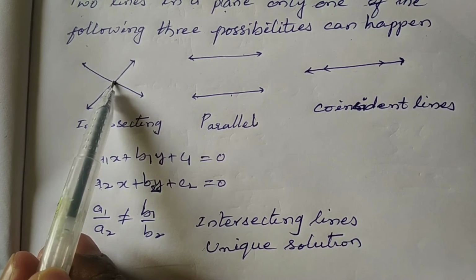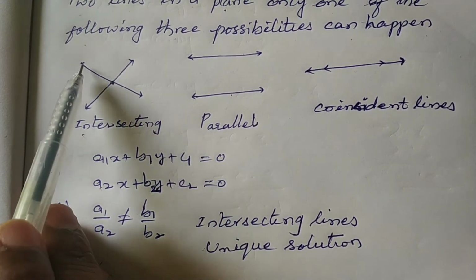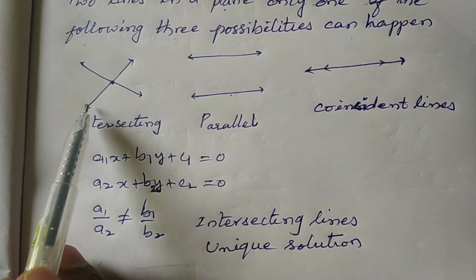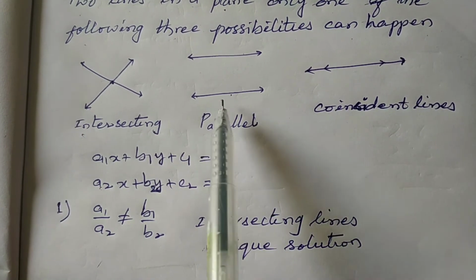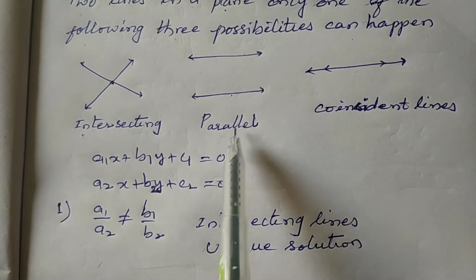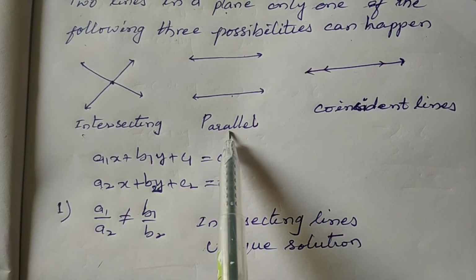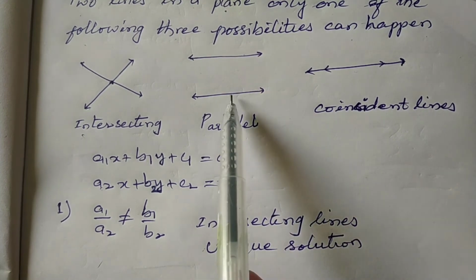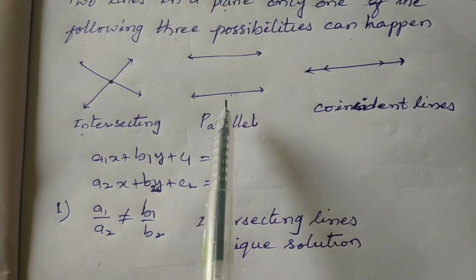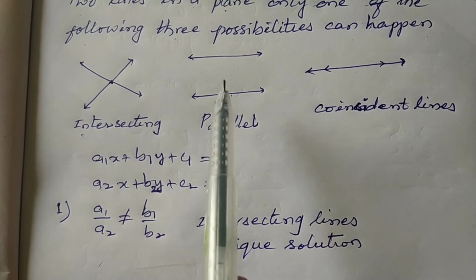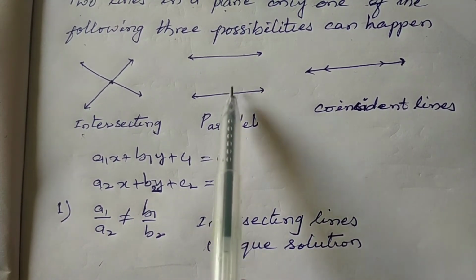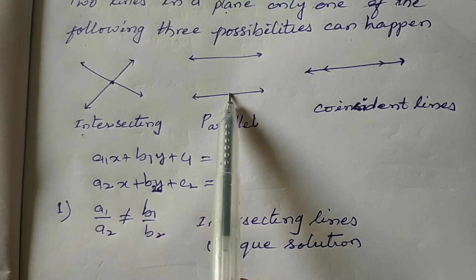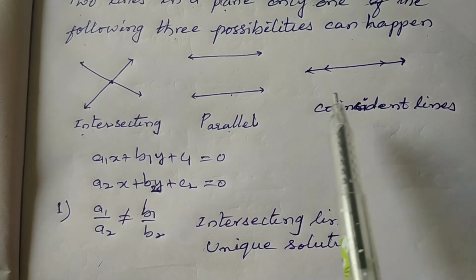So that's why these lines are a consistent pair of lines. And here, in parallel lines, there is no common point, so no solution. When they don't have common points, they don't have solutions. Therefore these lines are called an inconsistent pair of lines.